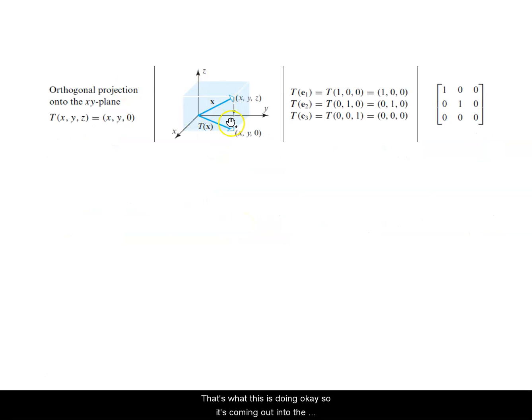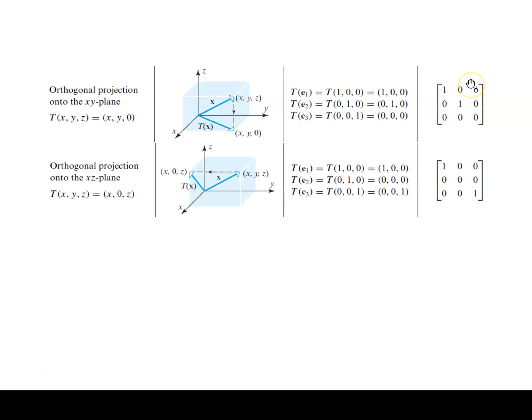That's what this is doing. It's coming out into the 3rd dimension, but I'm playing around in 2 dimensions. So I need to put a light above it and look at the shadow of it in 2 dimensions. That's basically what's going on. So I'm taking away the 3rd dimension and keeping it in an x and y coordinate system, okay?